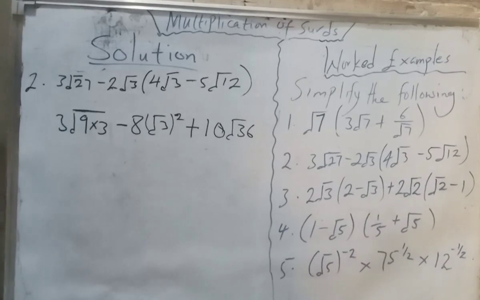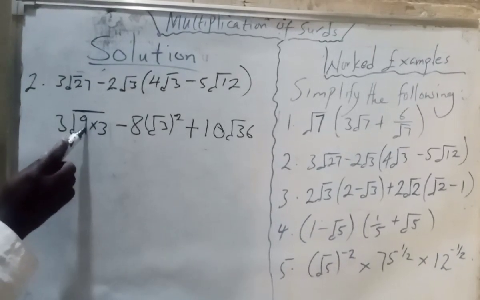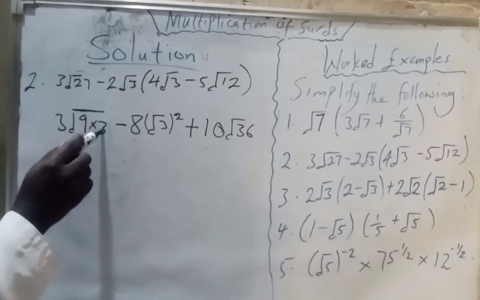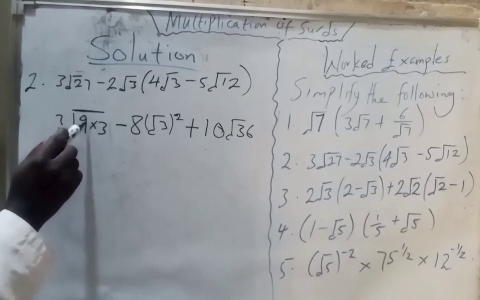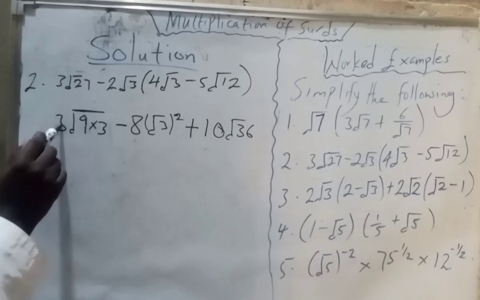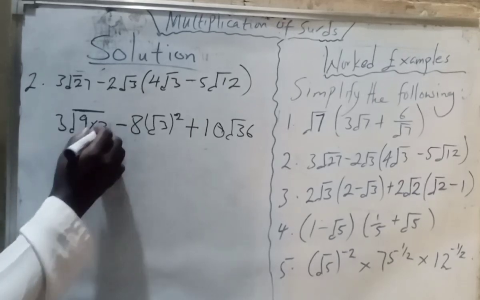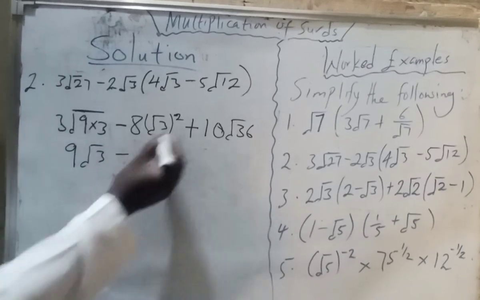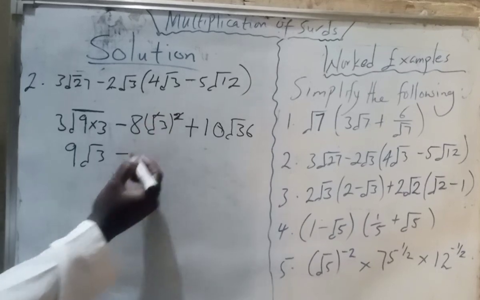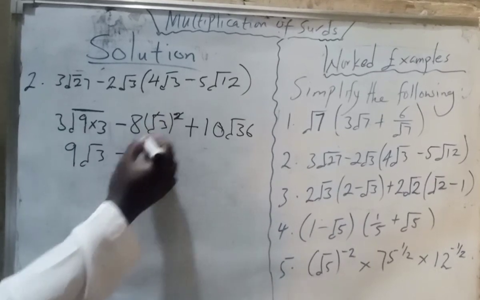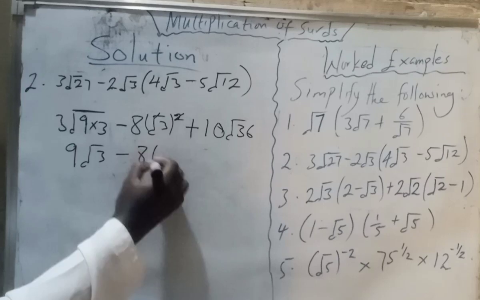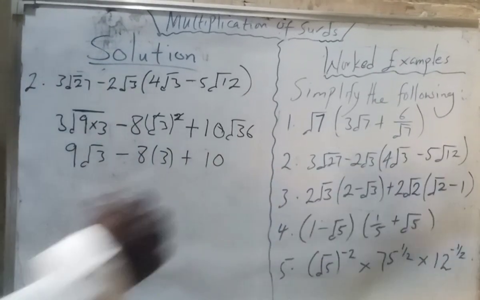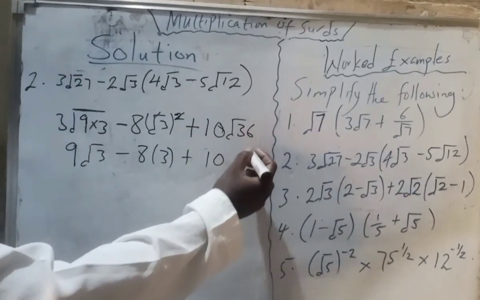Then we can further simplify this. Root 9 will give us 3, but root 3 cannot be simplified. So you multiply the result of root 9, which is 3, by this 3, and that will give us 9 root 3. We have 9 root 3 minus this square, we cancel the square root here, leaving 3. So we have multiplied 8 by 3 plus 10 multiplied by the result of root 36.